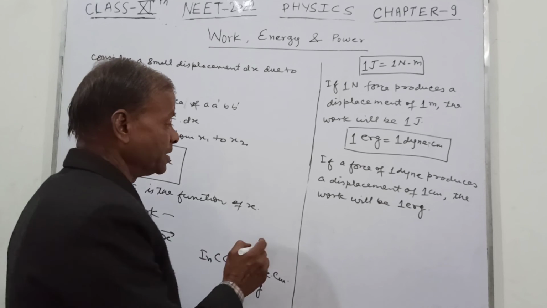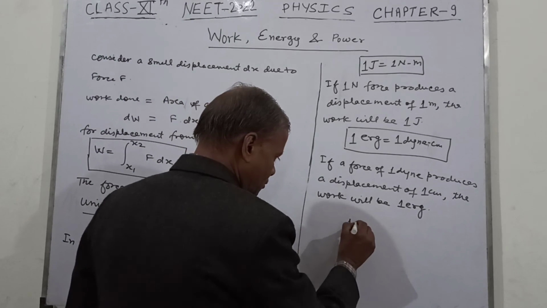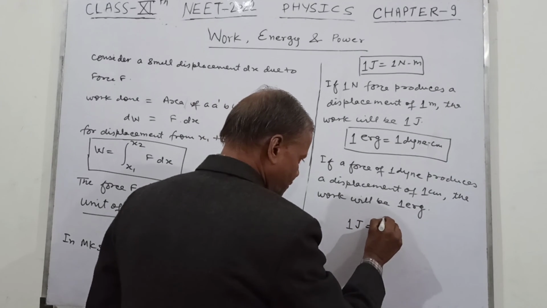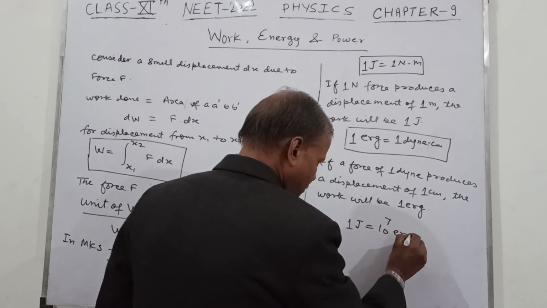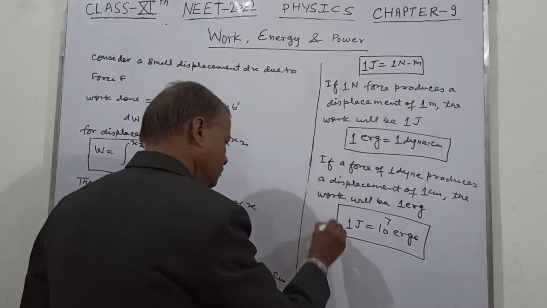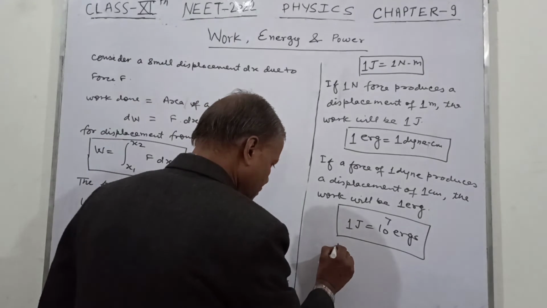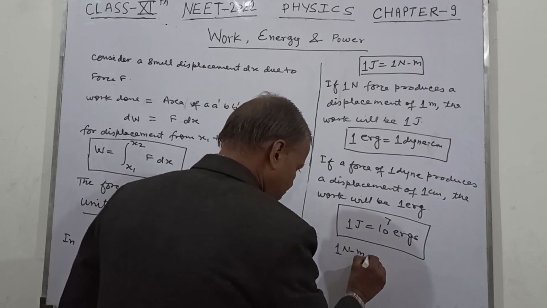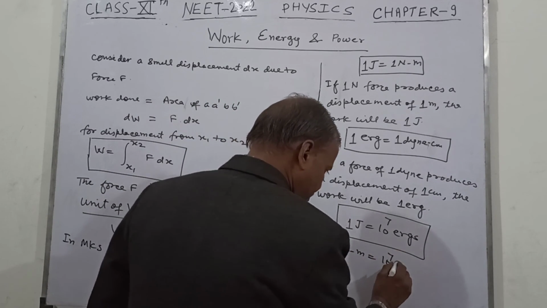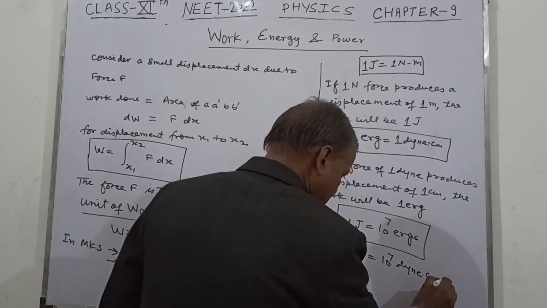Now there is a relation between these two: 1 joule is equal to 10 raised to the power 7 ergs, or 1 Newton meter equals 10 raised to the power 7 dyne centimeter.